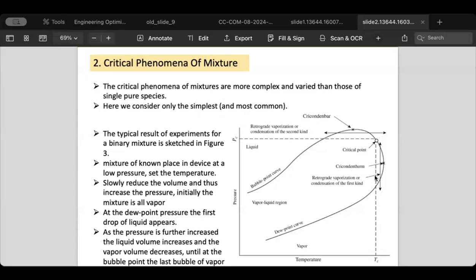Can you explain it? Why is it different?